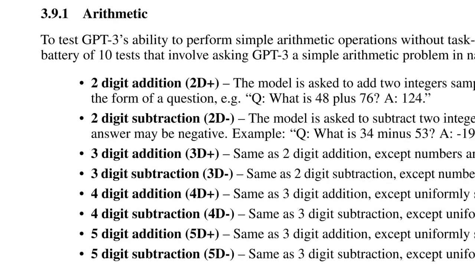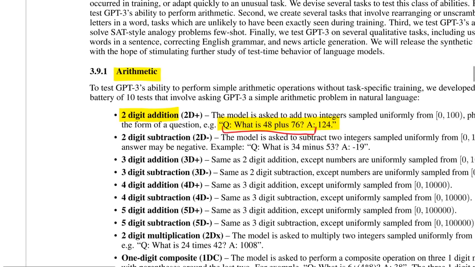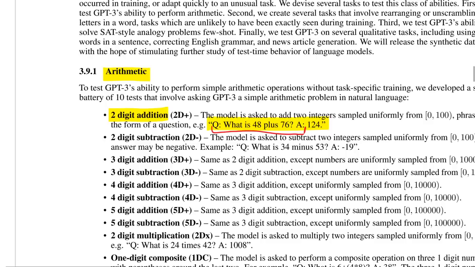So they do something like arithmetic. They say, okay, can we come up with a bunch of arithmetic tasks, for example, two-digit addition? What the model would see is simply this as a context for the prompt. And if you give it examples, so if this is one-shot learning, you would input "add the following numbers" as a string, then a new line.